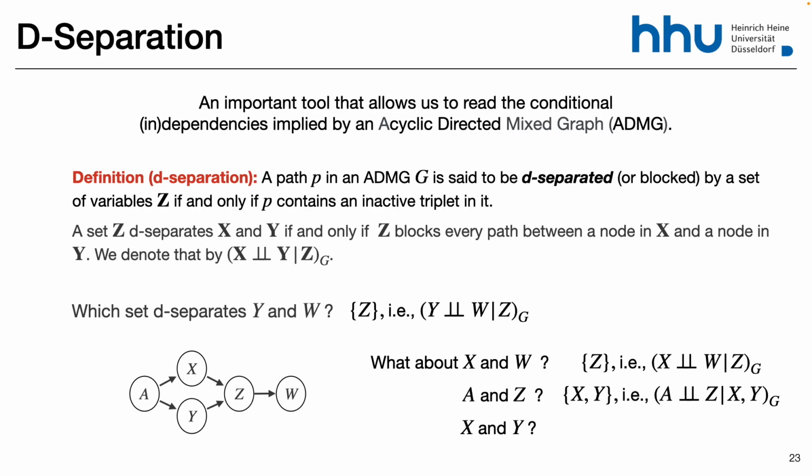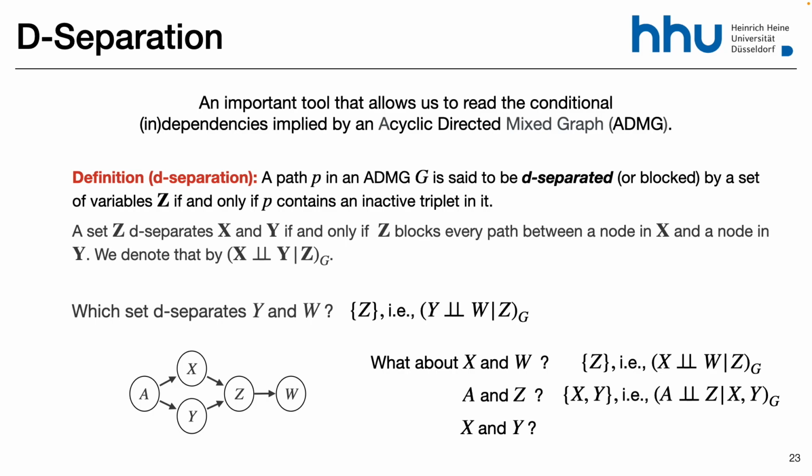And this is represented by d-connection, which is the opposite of d-separation. So by just looking at the graph, I know everything about the joint probability here. I know that A is independent of Z given X and Y. I know that X is independent of Y just given A, but not given Z, but not given W. I know that Y is independent of W given Z, just this.